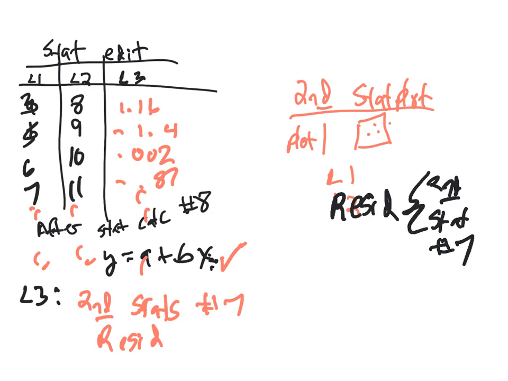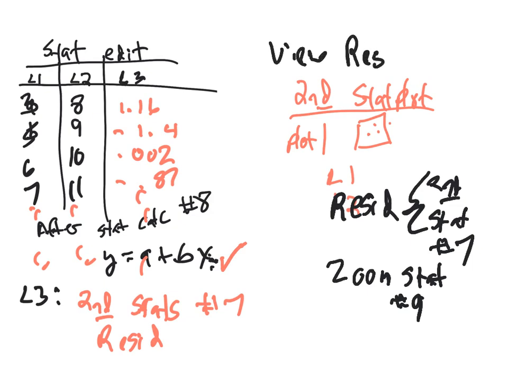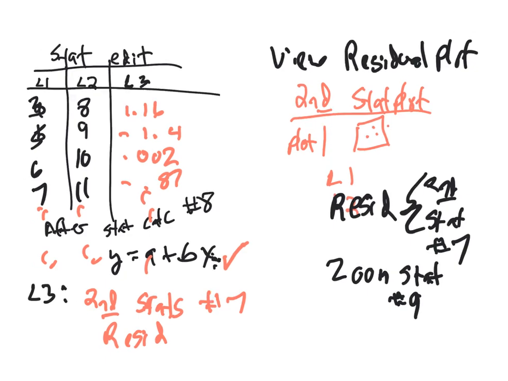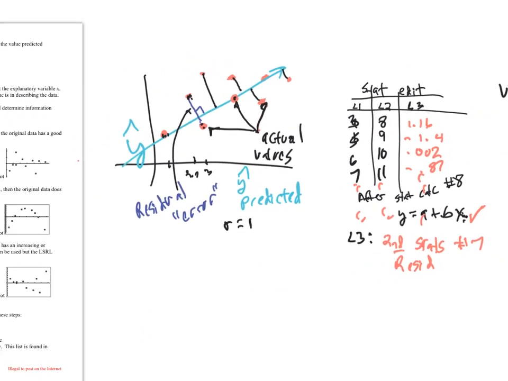Then when you hit zoom stat, which is number 9, remember zoom number 9, you will see the residual plot. This is to view the residual plot. Okay, so let me go back into our notes and see what I'm missing here.